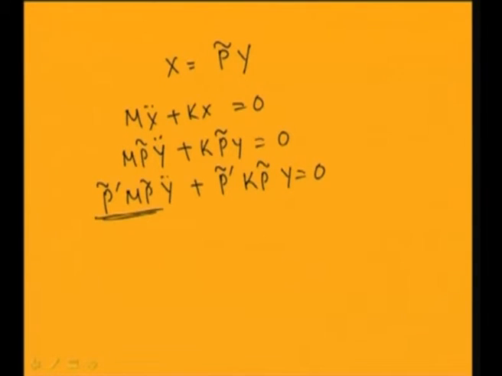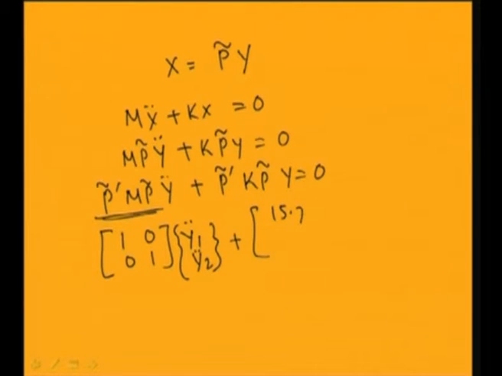So already you know that this is the identity matrix, that is 1 0 0 1. So y1 y2 double dot plus 15.7, 0, and 159.3, y1 y2, equal to 0 0.